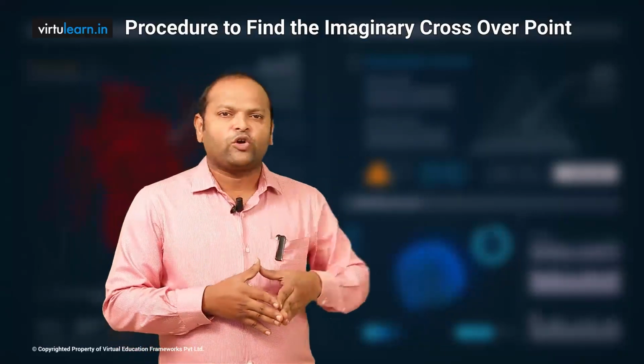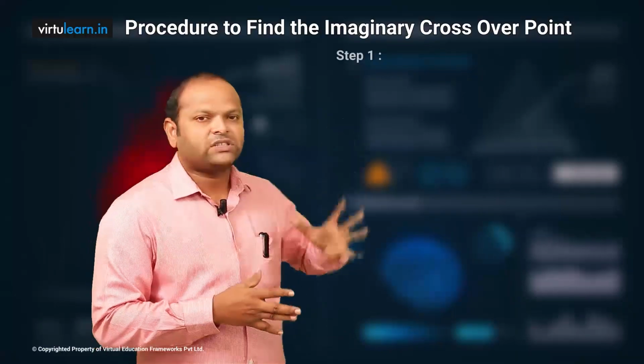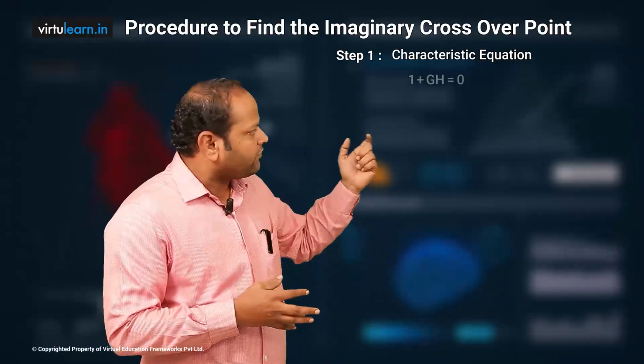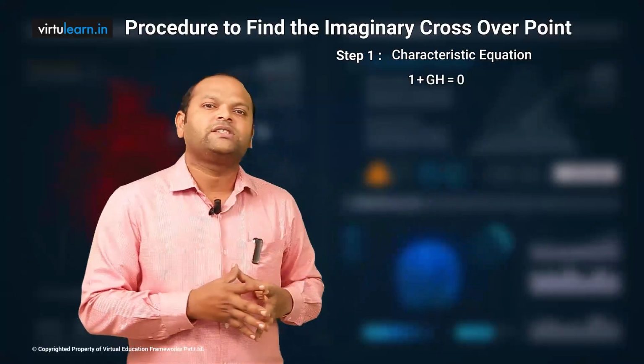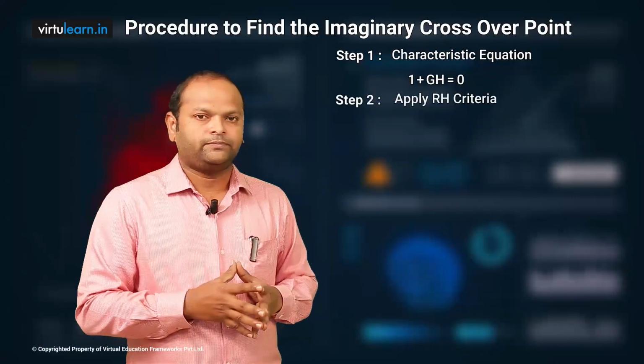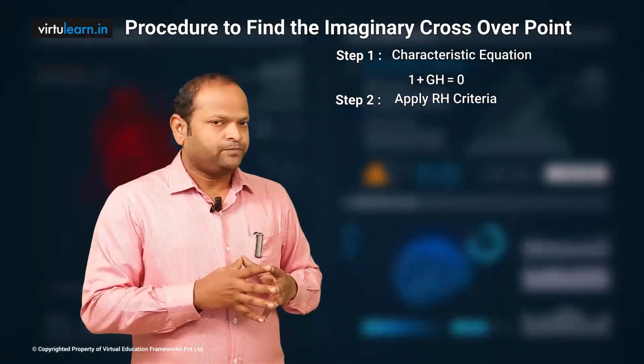Now we know the procedure is very easy, we have already seen it in the Routh-Hurwitz criterion, so we'll use the same thing. The first step is to write the characteristic equation. So we know that 1 plus GH is equal to 0 is the characteristic equation. Then form the Routh array. We know how to form the Routh array.